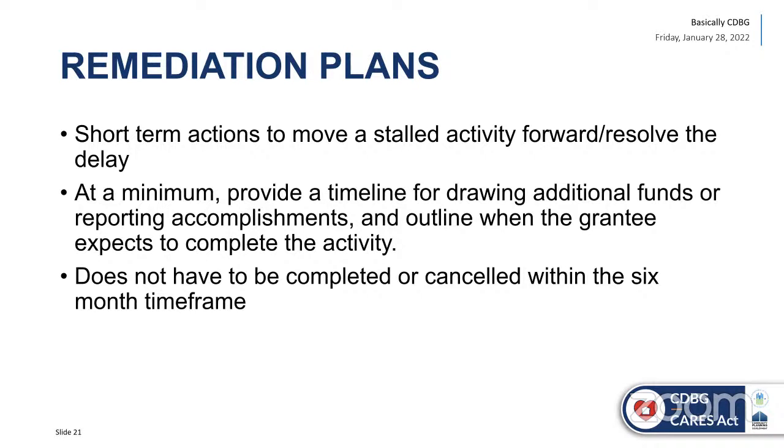So that's your action plan. It's not super complicated. It's not to say when you can sell those houses. You don't have to guarantee to sell this house within six months. We just need to know what actions you need to take to push those activities forward. Next slide, please.